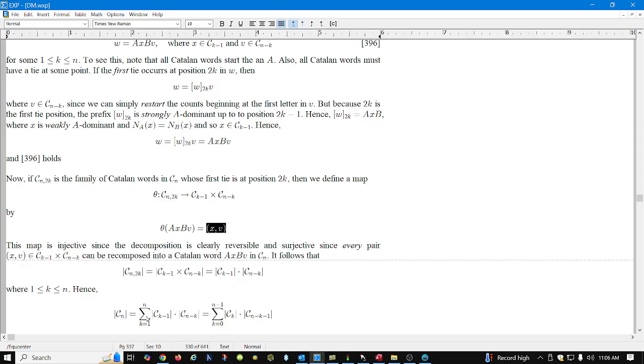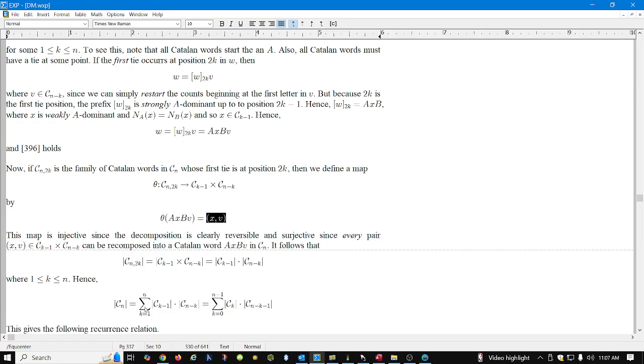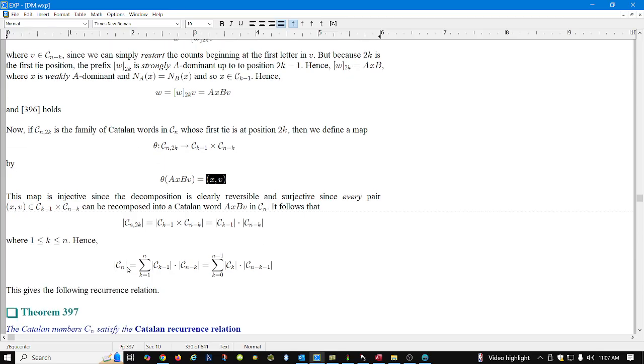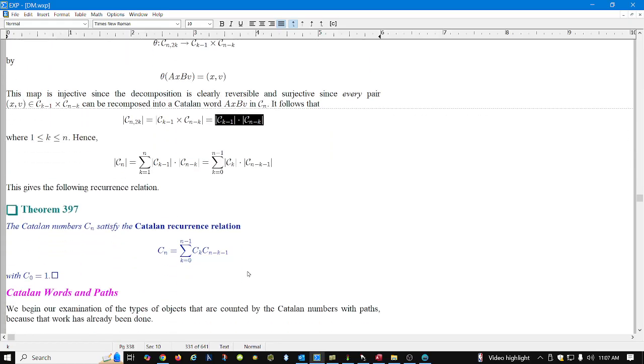So we need to sum on k from 1 to n. That will give us all of the Catalan words of size 2n. So the number of such words is the sum of this product as k goes from 1 to n. And so just a little index translation here, and we get this recurrence. Cn is the sum, k goes from 0 to n-1, of Ck times Cn-k-1.